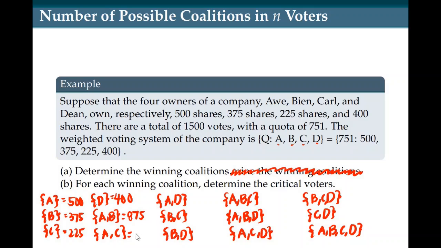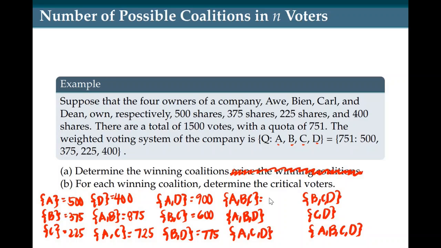A, C, we have 725. A, D, we have 900. B, C, 600. B, D, 775.